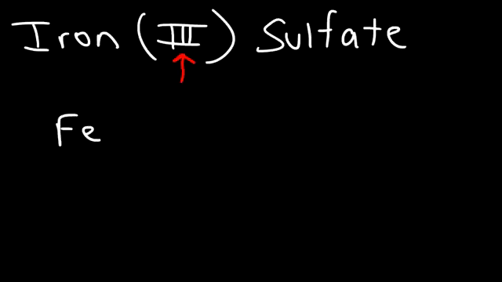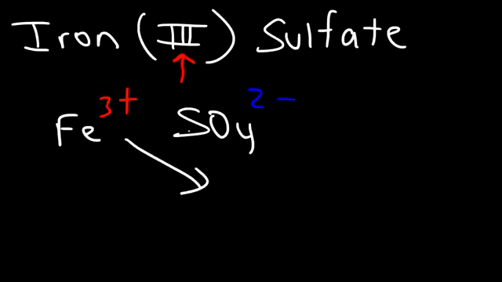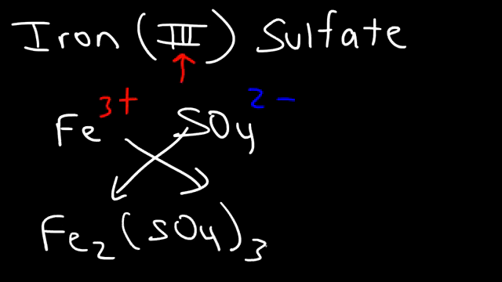So iron has a 3+ charge, and sulfate is a polyatomic ion, which you need to know is SO4 2 minus. So with this information, we can swap the charges with the subscripts. So it's going to be Fe2 (SO4)3.